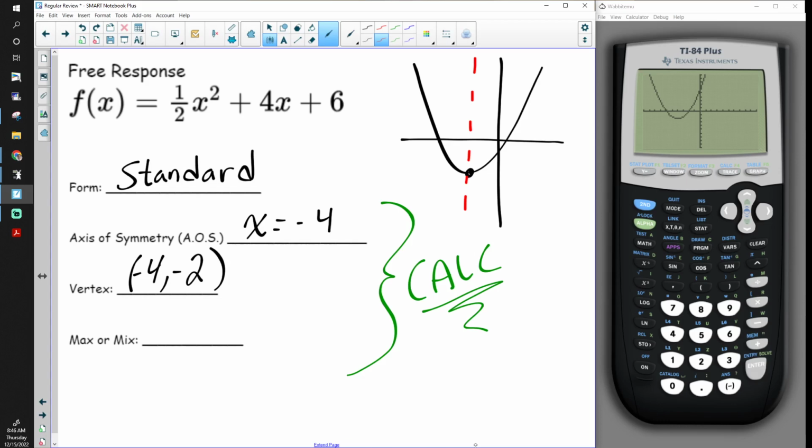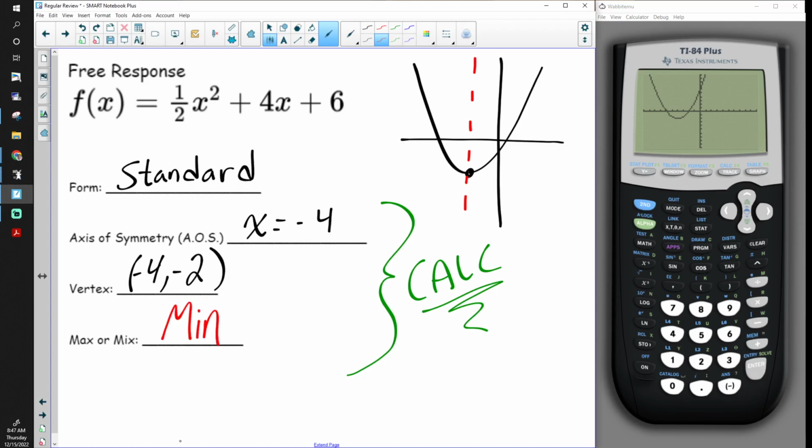Okay? To figure out if it's a max or min, not mix, min, you just click the graph button and you look at the quadratic. Is this quadratic's vertex at the bottom of it or the top of it? Right here? At the bottom, so this is a min. It's a min.